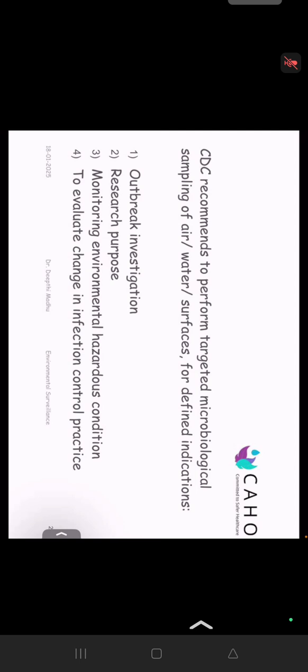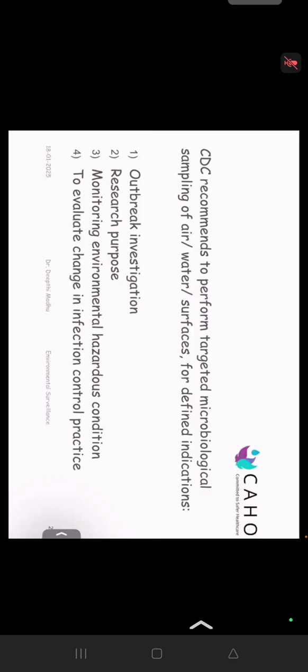What has been done to achieve it? It could be HEPA, it could be laminar flow, whatever it is. To see if that is going as per plan or as per the requirement, that is why you do air sampling or air surveillance sampling. Again, depending on the place, the part of the hospital, and the services provided in that unit, your frequency of sampling and your interpretation of the sample, everything would change.